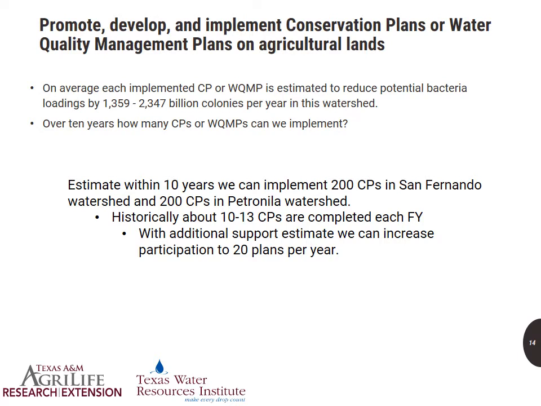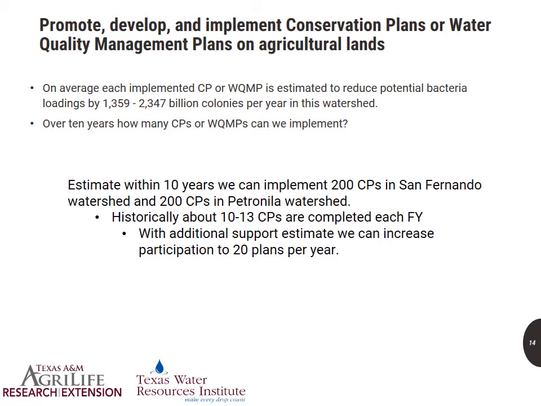So over 10 years, how many conservation plans or water quality management plans can we implement? And what was discussed at the meeting is we looked at some of the past conservation plans that had been completed in the watershed, and it looked like within the past 2 or 3 years that usually there were around 10 to 13 conservation plans done each year.